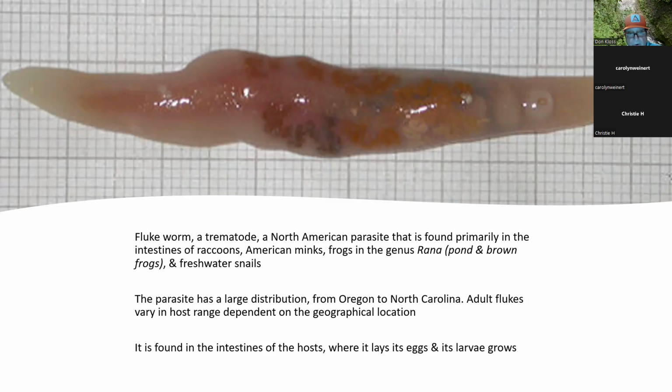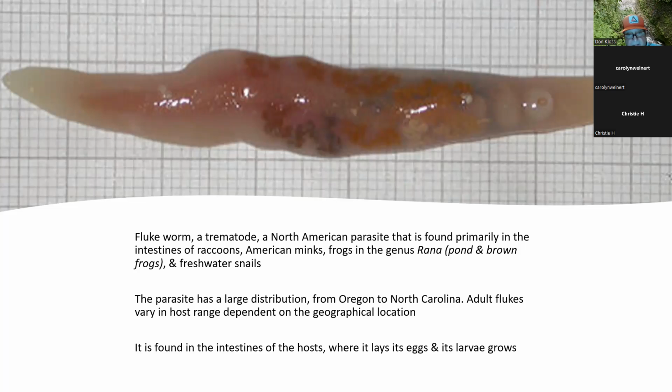So in other words, wherever you're going to find raccoons or freshwater snails, that's where you're going to find these. You're not going to find them where you don't have freshwater snails, or American minks, or pond frogs or brown frogs.